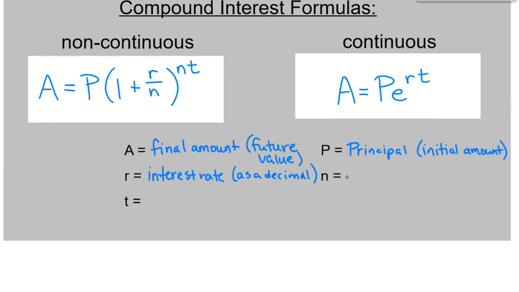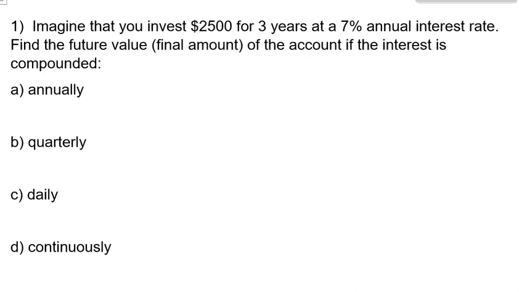N is the number of compoundings per year. And T is the number of years. So if you need to, pause the video so that you can jot down all of that information and then resume the video, and we have 2 examples to look at.